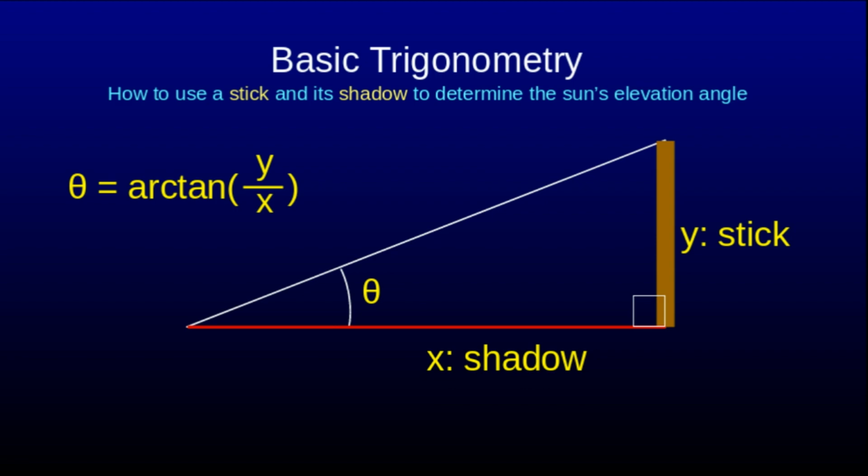In this case, we'll call the stick length y, and we'll call the shadow of the stick x. And when we take the ratio of those two lengths and the arctangent of the ratio, that'll give us theta.